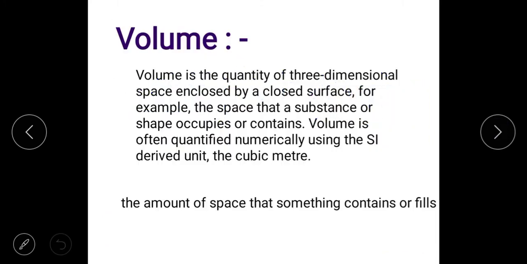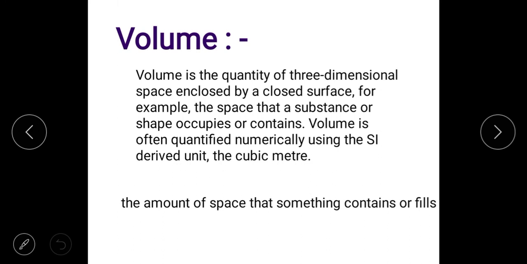Now let us talk about the volume. Volume is the quantity of three-dimensional space enclosed by a closed surface. For example, the space that a substance or shape occupies or contains. Volume is often quantified numerically using the SI derived unit, that is the cubic meter. If you have a three-dimensional figure, then the overall capacity of that closed surface is called the volume.